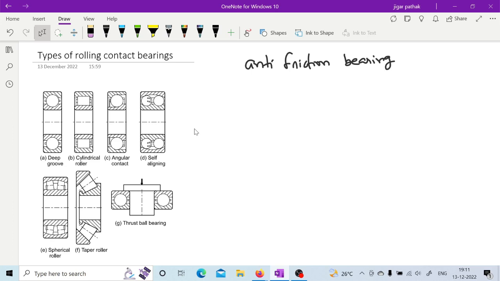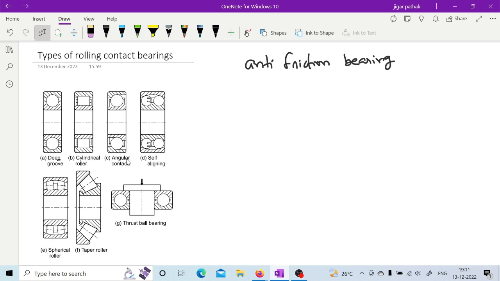The different types of rolling contact bearings are shown in this figure, like the deep groove ball bearing, cylindrical roller bearing, and so on, based on the shape of the rolling element.